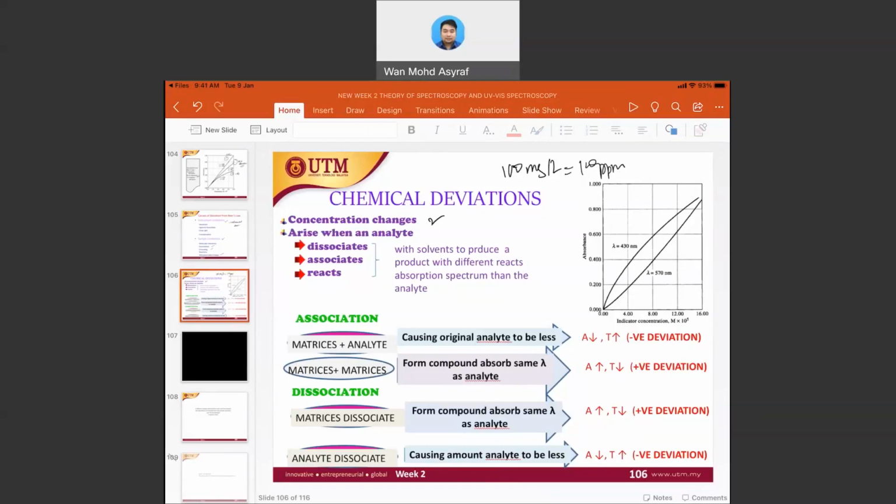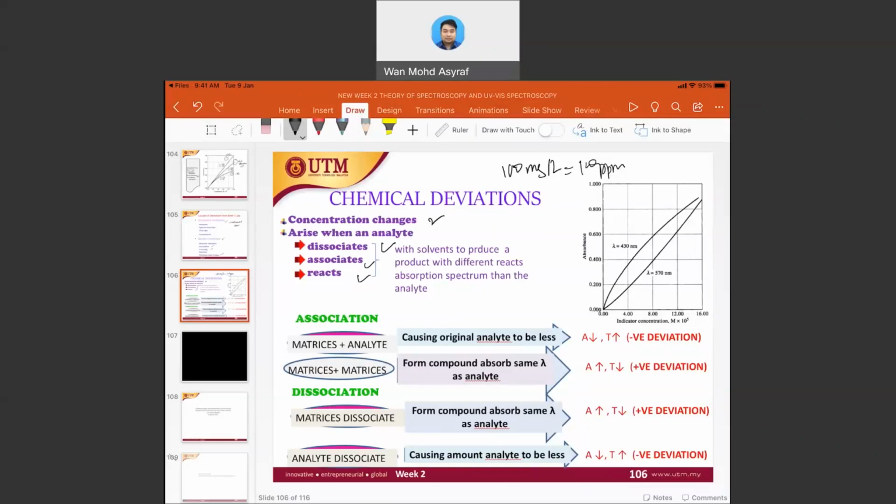Okay. Let me continue. So basically for chemical deviations, there is a concentration that's going to change. These concentration changes arise when the analytes associate and react, either with each other or with the solvents, to produce a product. All of these reactions, dissociations, and associations would create some kind of concentration change.